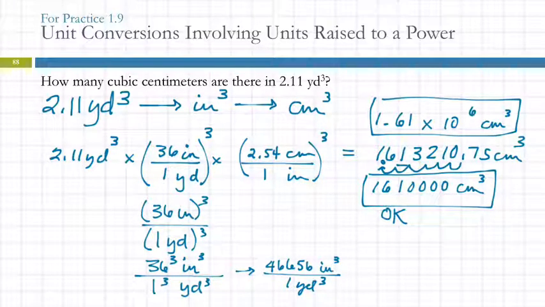Question you might be thinking is, when should I put it in scientific notation? Unless the problem says otherwise, I think scientific notation is never incorrect. Sometimes it looks a little weird, but it's never wrong.